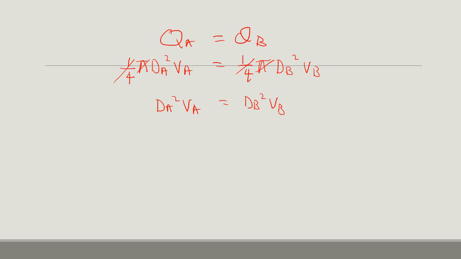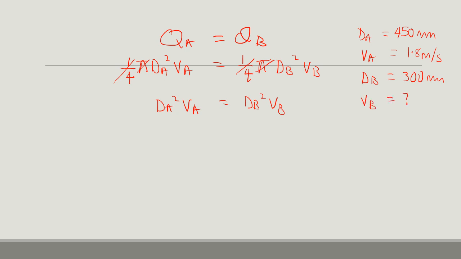Okay, and in the question we can see that we know dA to be 450 millimeters. We know VA to be 1.8 meters per second. We know dB to be 300 millimeters, but we do not know VB.